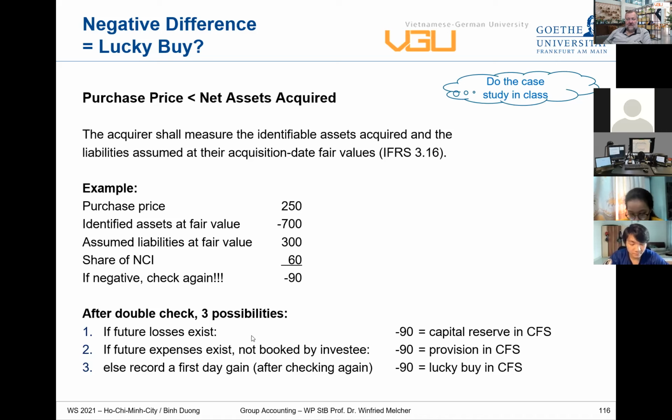But of course, we cannot put it in the income statement right away if we know that there will be future losses. We cannot record that minus 90 as a gain because we have a gain now, and in the future we have losses.